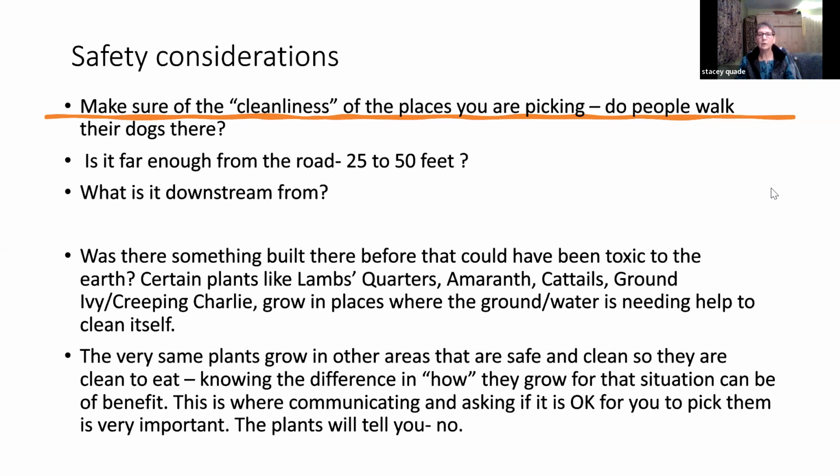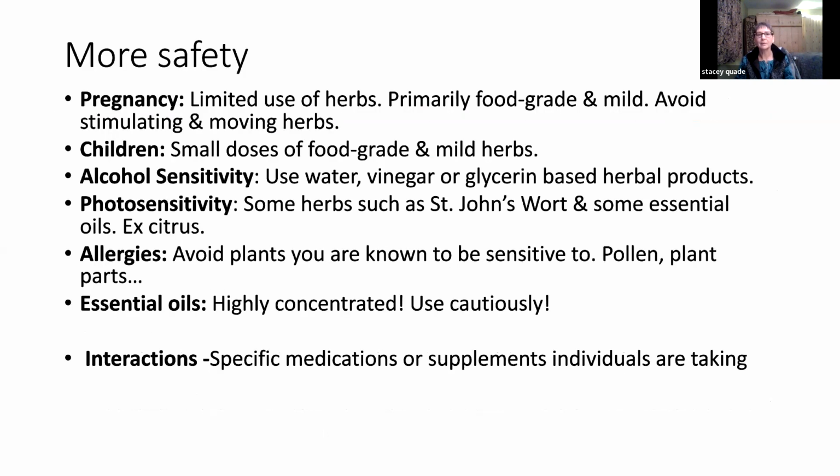Now, if you're on an old logging road that hasn't been used for a very long time, and there's hardly any traffic on it, you've got a little wiggle room there. If you find a patch of raspberries growing right next to the edge of the roadway, those are the kinds of things that you use common sense for.